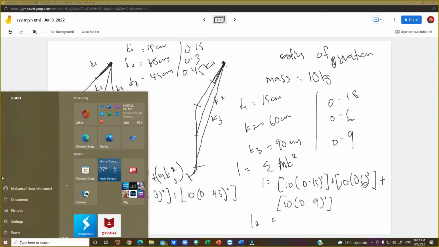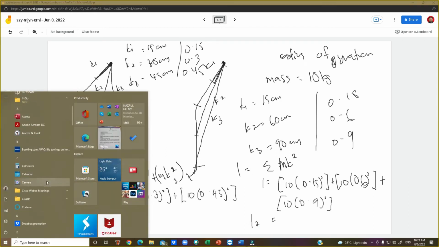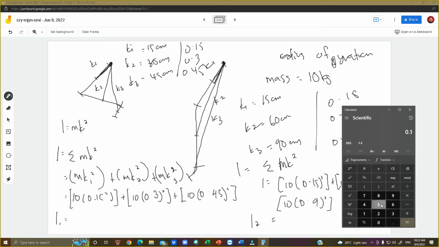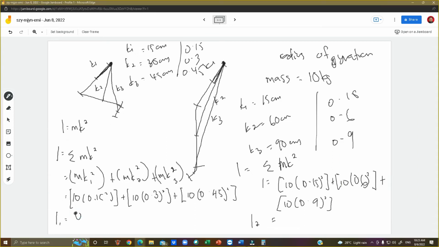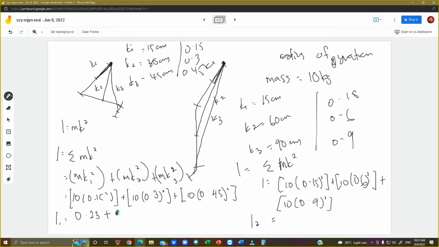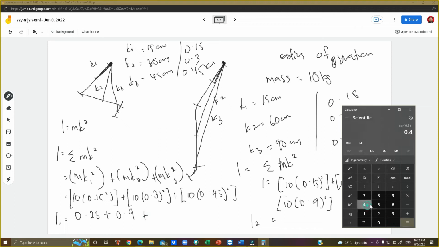How much do you have? 0.15 square times 10 will be 0.225, about 0.23, plus 0.3 square times 10, 0.9, plus 0.45 square times 10, 2.03.